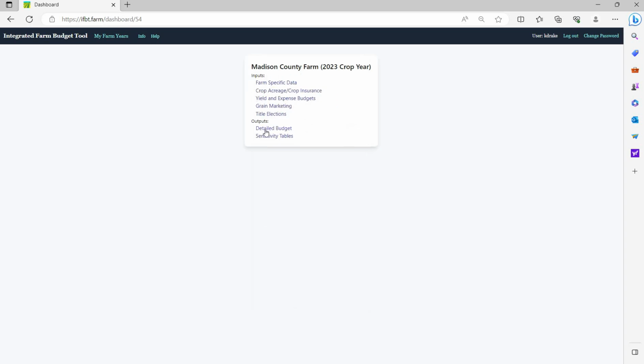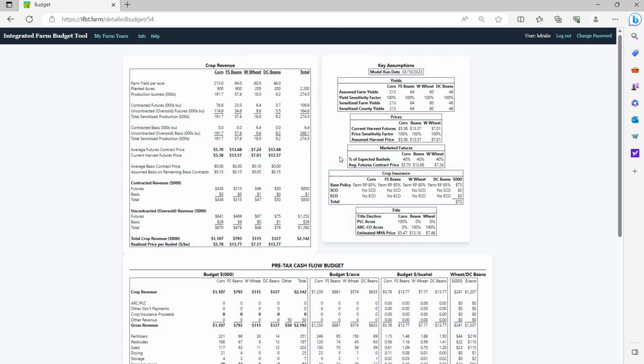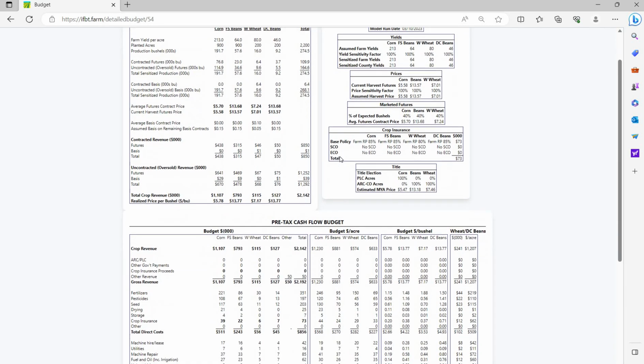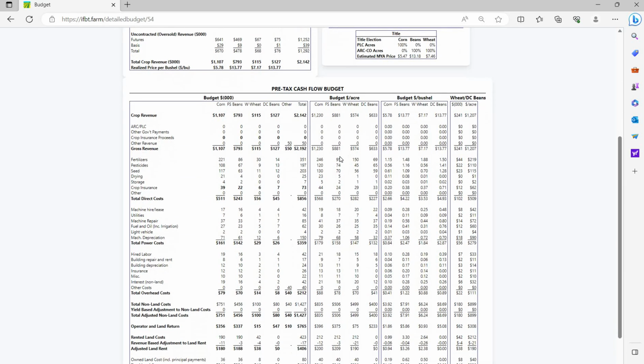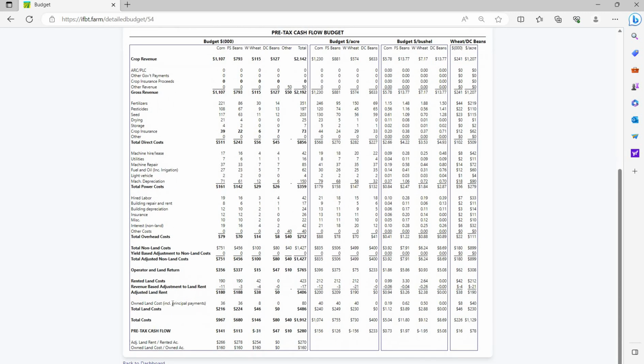And what you'll see here is where that adjustment takes place. And you'll notice this is the revenue-based adjustment to land rent. This was 0 before, but since we've now set this at variable, and recall by March 10th, our prices have fallen pretty significantly from the projected price for crop insurance.